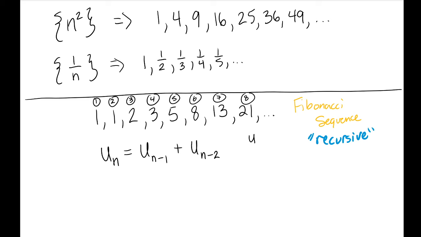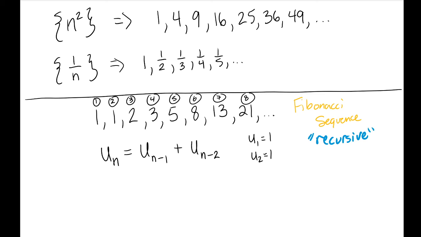And we have to kind of define some initial conditions where the first term is 1 and so is the second term. But then that would give me a suitable definition or way of expressing the Fibonacci sequence as a recursive sequence. So you start off with those terms. Term 1 is 1, term 2 is 1, and then you just start adding them together to generate other things in the sequence.